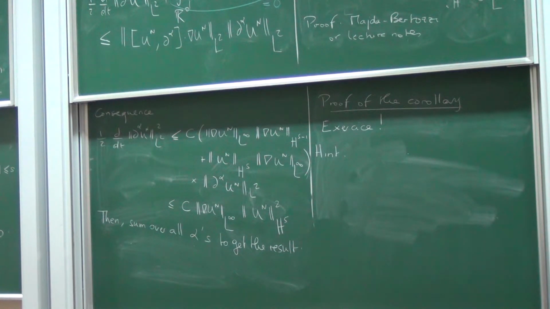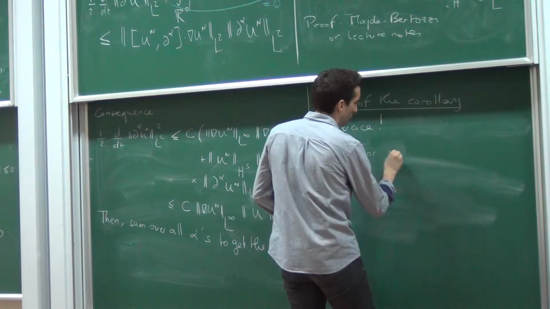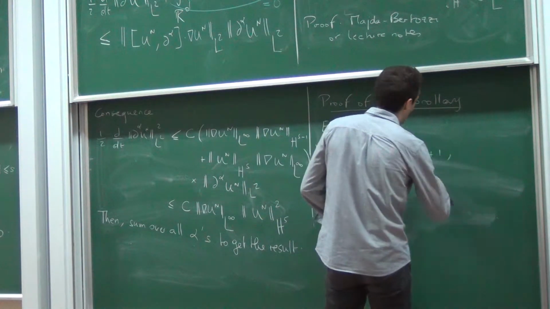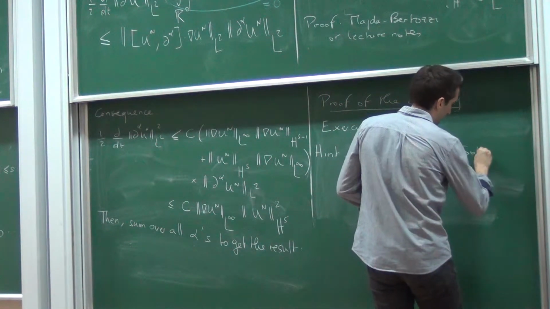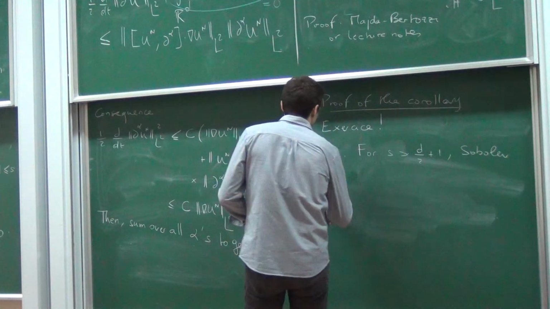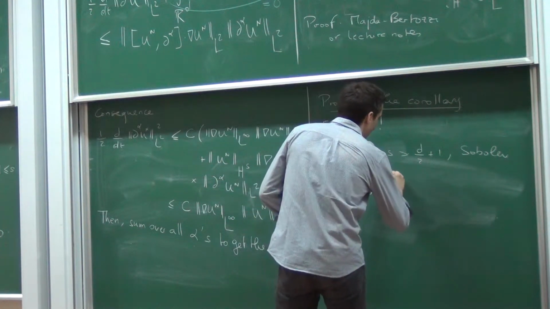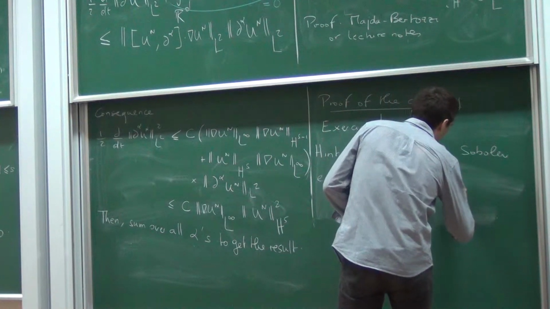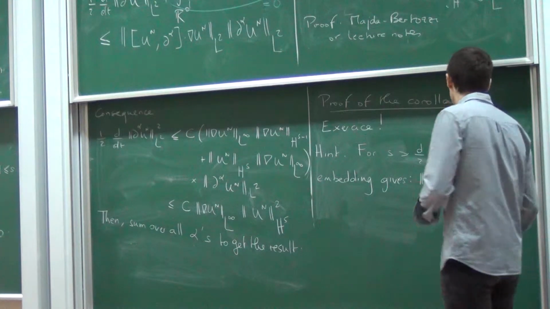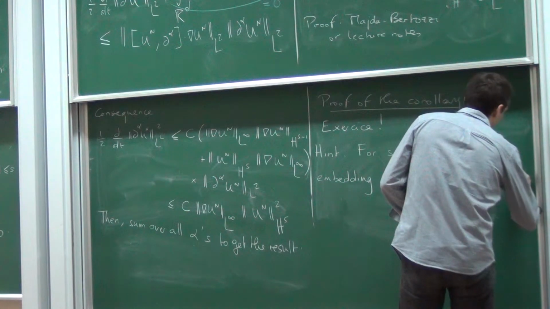So that's why, again, s needs to be greater than that. Because for s greater than d over 2 plus 1, you can use the Sobolev embedding and it will give you that the L infinity norm of the gradient of un is less than a constant times the norm of un in Hs.